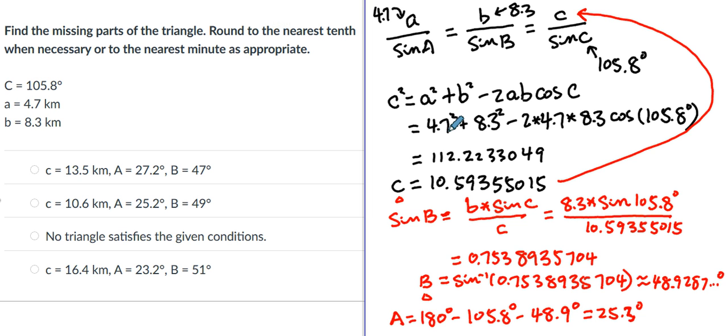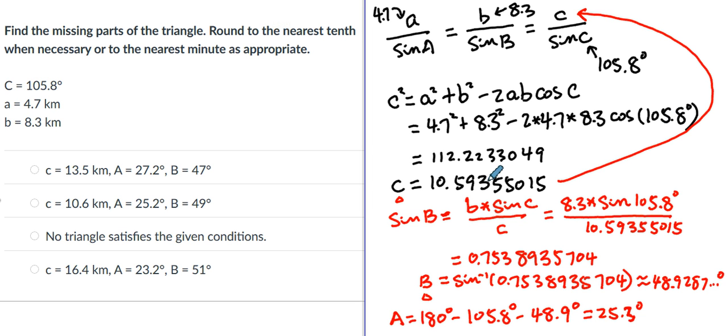And then we plug in the values: A 4.7 squared plus B 8.3 squared minus 2 times 4.7 times 8.3 times cosine 105.8.